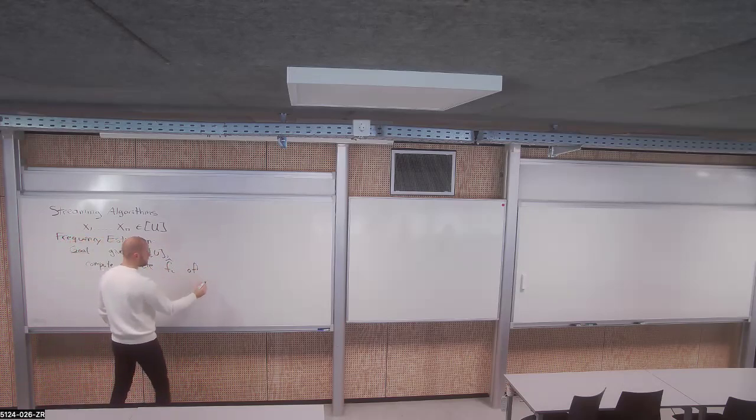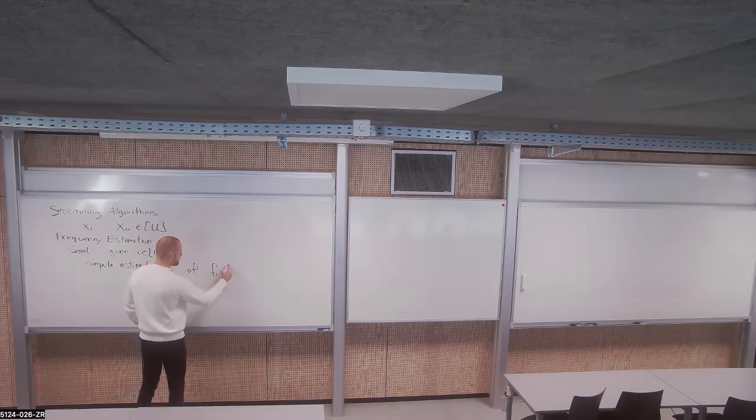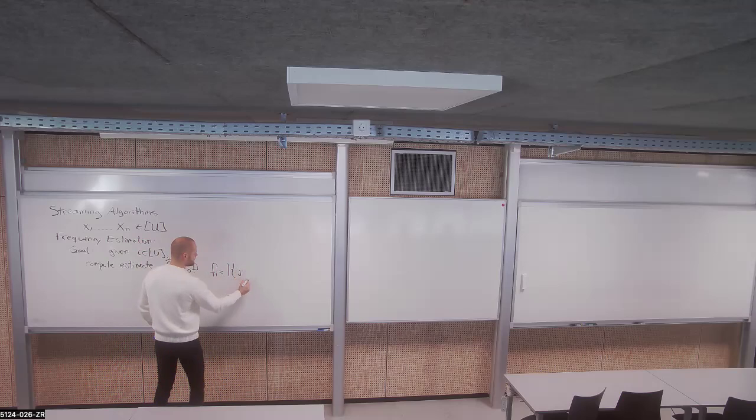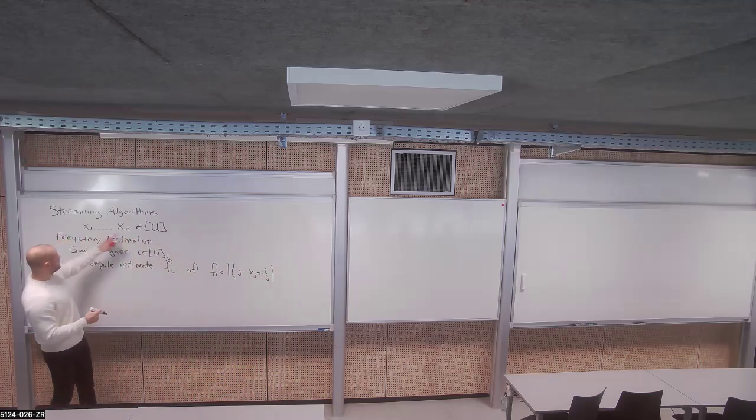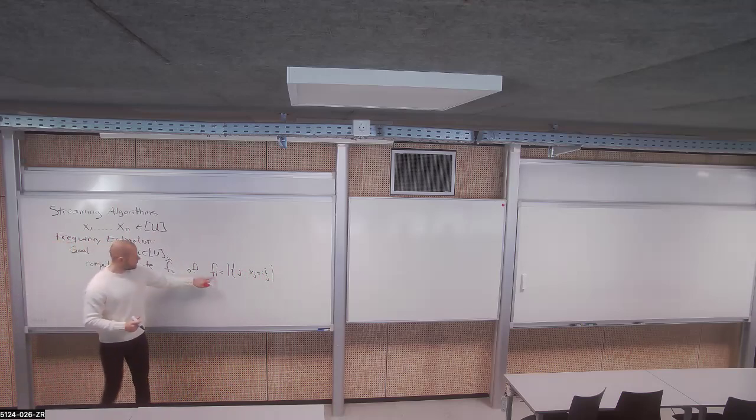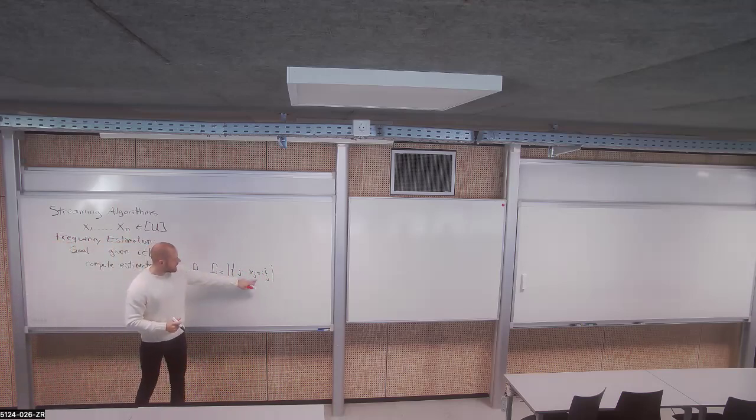An estimate of what? It's an estimate of f_i, the frequency of i, which is the number of items in the data stream equal to i. Makes sense? So I have a data stream of n items. Each item comes from the universe U. The frequency of i is the number of items in my stream that are equal to i.